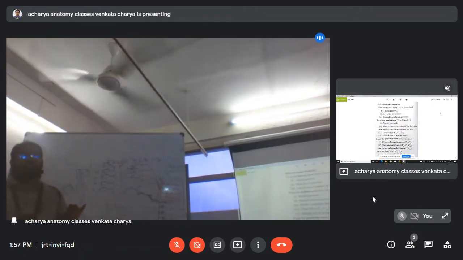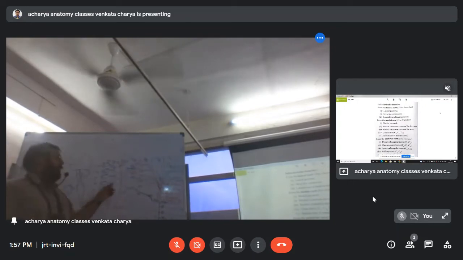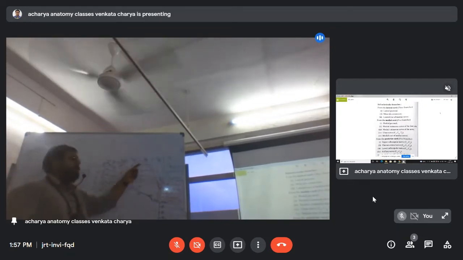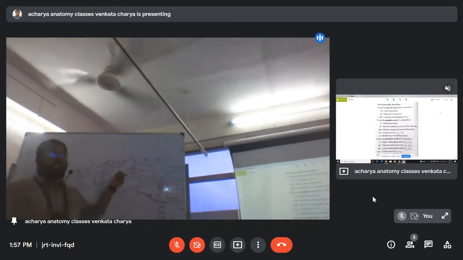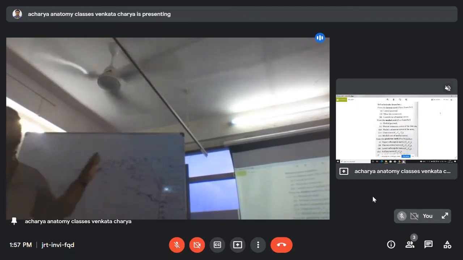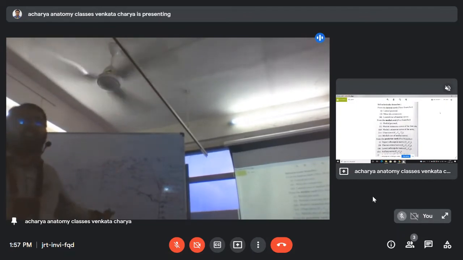Are you getting? Next, the upper trunk gives 2 nerves: number 1 is the suprascapular nerve and number 2 is the subclavian nerve. Are you getting? So this is the whole brachial plexus formation.